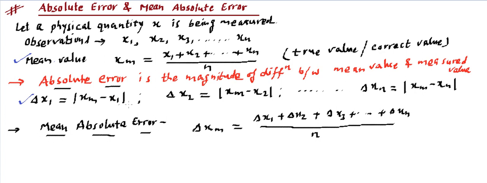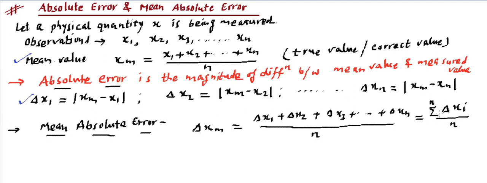Once we are able to find these absolute errors in each observation, we can find the mean of these errors. So the mean absolute error is the arithmetic mean of all the absolute errors. So delta x1 plus delta x2 and so on, we sum them up and divide by n. In mathematical notation, we can also write it as the summation of delta xi divided by n, where i runs from 1 to n.